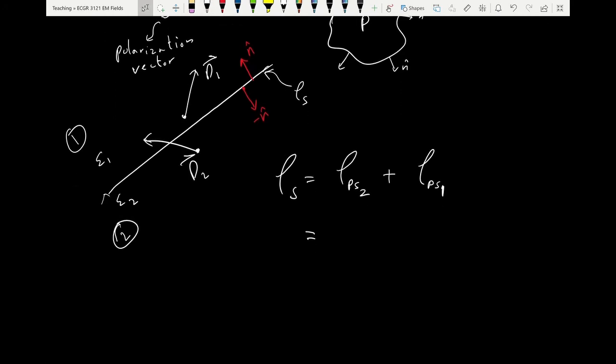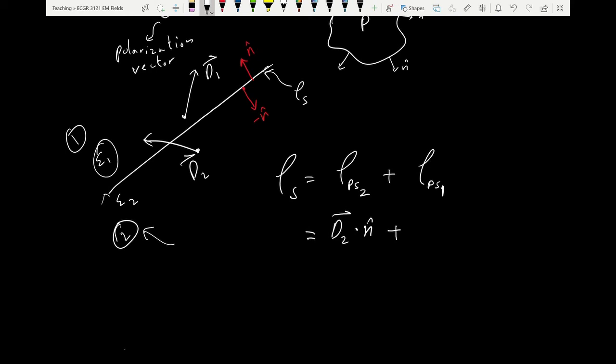Nothing complicated, right? So from the perspective of material 2, the normal to the interface to this material is n hat. So the surface charge density due to material 2 is going to be d2 dot n hat. What's the surface charge density due to material 1? Well, the normal vector from the perspective of material 1 is going to be minus n hat, right?